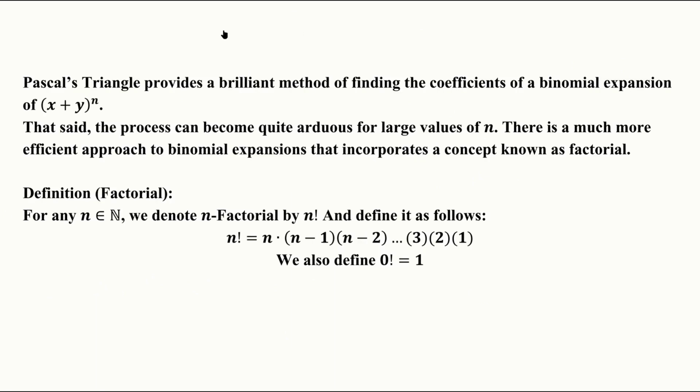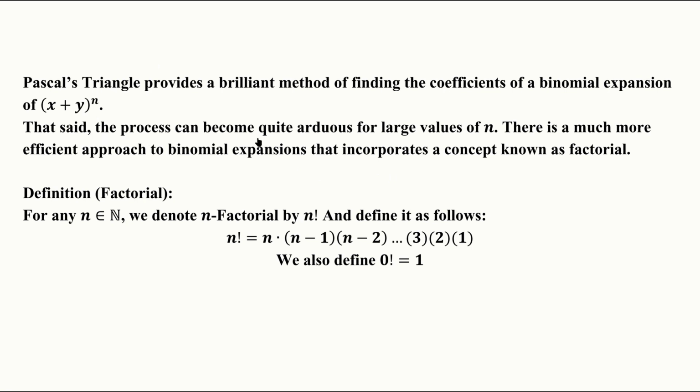Next, we want to look at a concept called a factorial, which will help us come up with a more efficient way of handling binomial expansions. Now, Pascal's triangle does provide a brilliant method of finding the coefficients of a binomial expansion of quantity x plus y to the n.